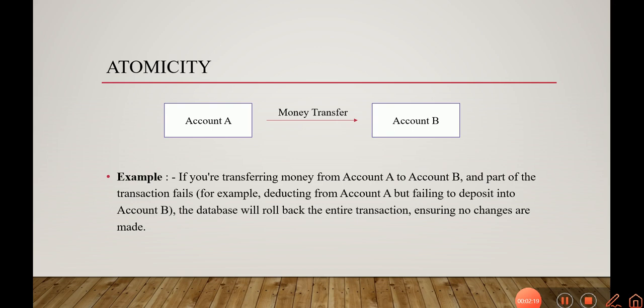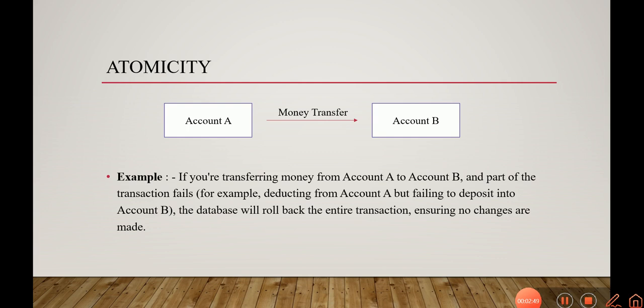We have to fill in the details properly. If any of the details is not properly entered, the transaction fails, or as I said, any network issue. Due to such transaction failures, the whole operation gets reverted, or you may say rolled back. This mechanism is nothing but atomicity.